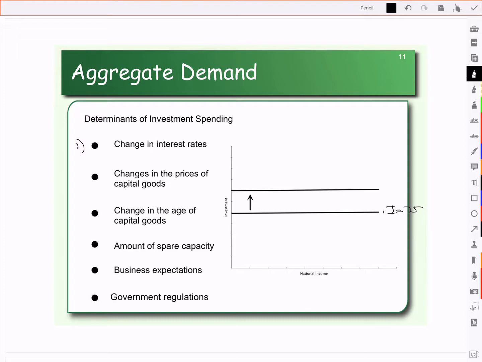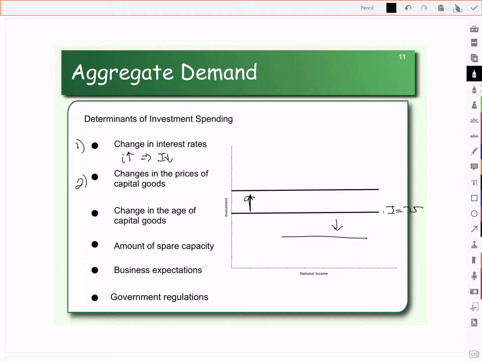If interest rates go up, then it's more costly to borrow money, and therefore investment spending will decrease or shift down. If interest rates go down, it's cheaper to borrow money, and so businesses are more likely to expand, to buy more machines and inventory, and so investment spending will increase.